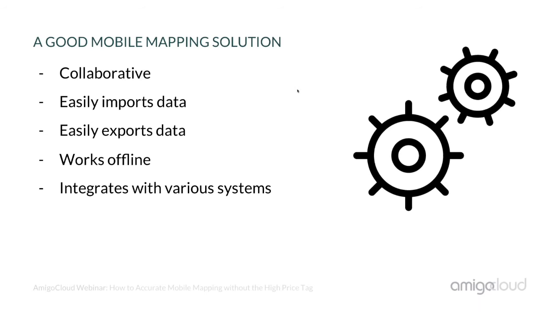What this really means is: do you have APIs to enable me to pull the data out and push the data in, the more advanced use cases, right? But we believe a good mobile mapping solution needs to enable those sorts of integrations. Something that you download from the iTunes store that is made for a single user most definitely doesn't do that.